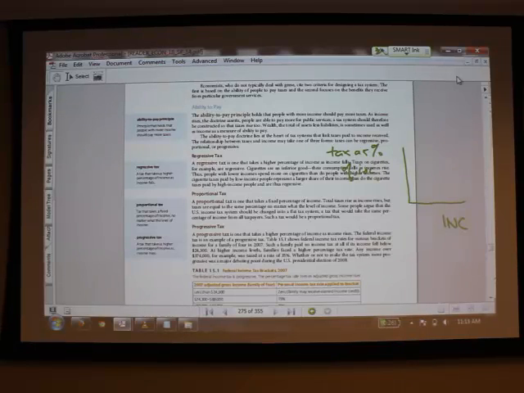The difference between these three types of taxes is that progressive looks like this: as your income goes up, you pay a higher tax rate. Regressive looks like this: as your income goes up, you pay a lower tax rate. And proportional is the one where the tax rate you pay does not depend on income.